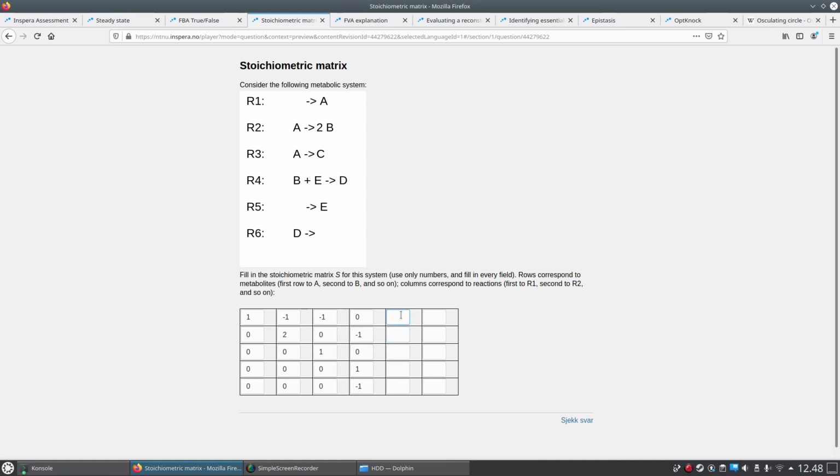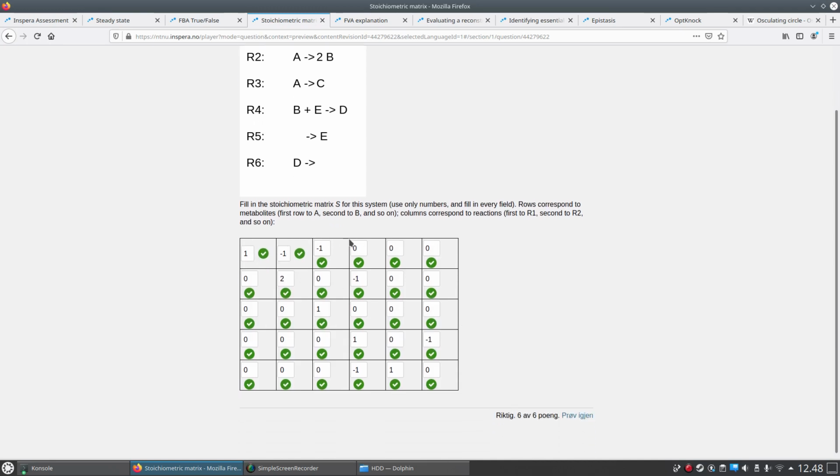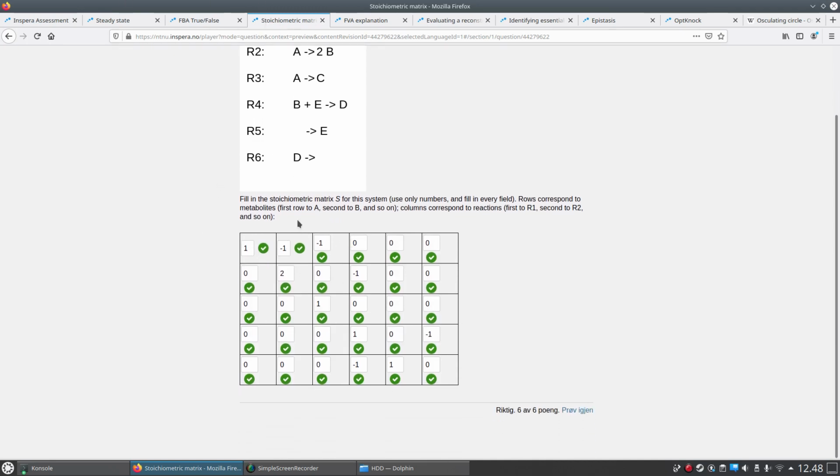Reaction 5 exports E, so it's going to be 0 for everything except E, which is row 5, which is +1. And R6 only consumes D, so it's going to be -1 for the 4th row, and that is pretty much it.